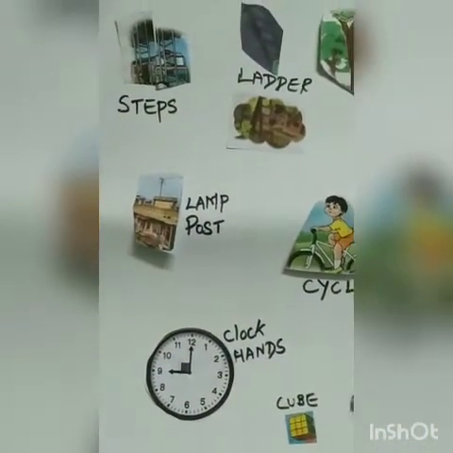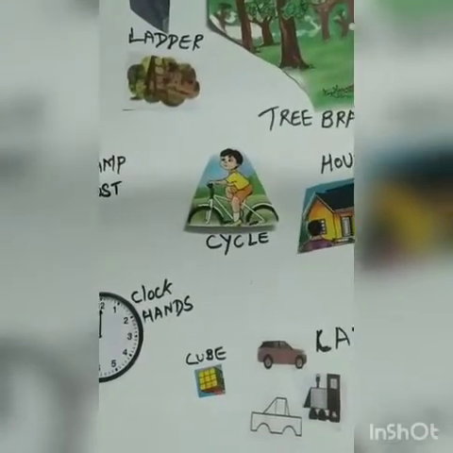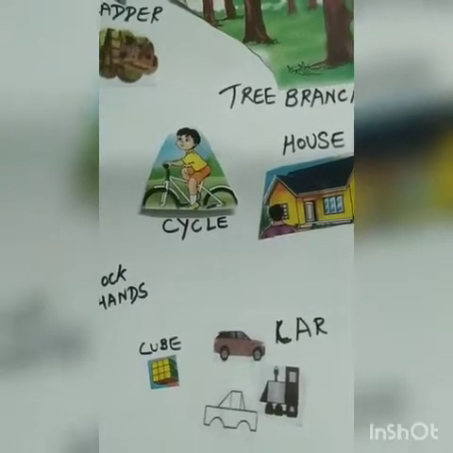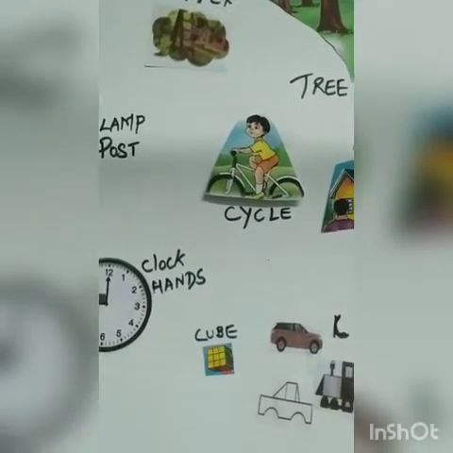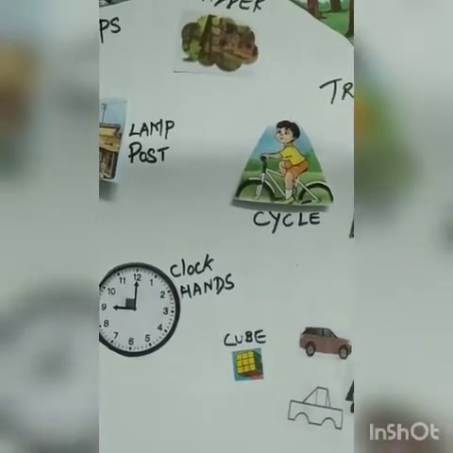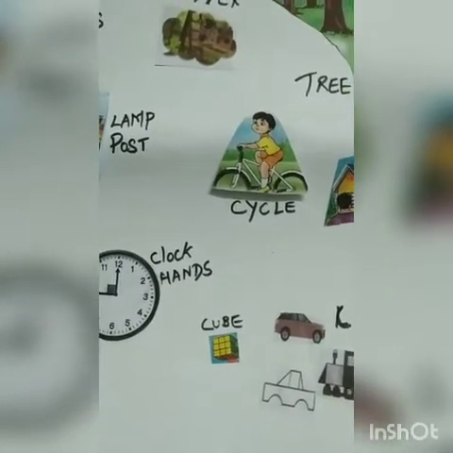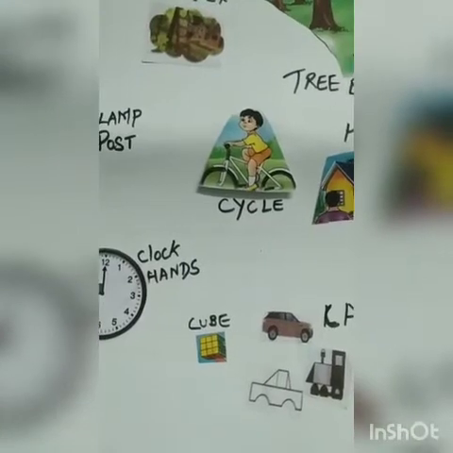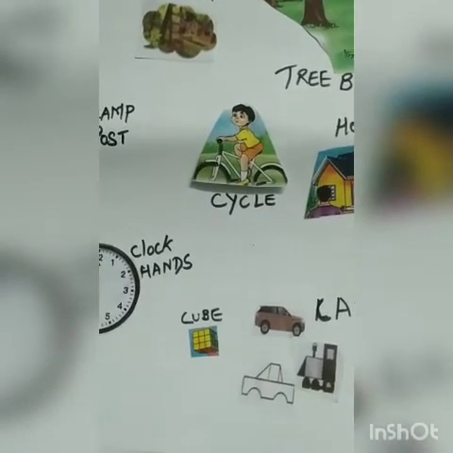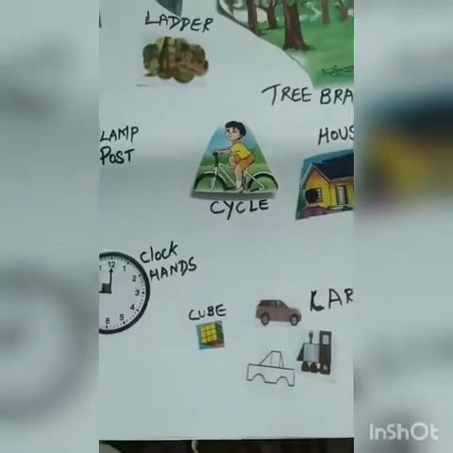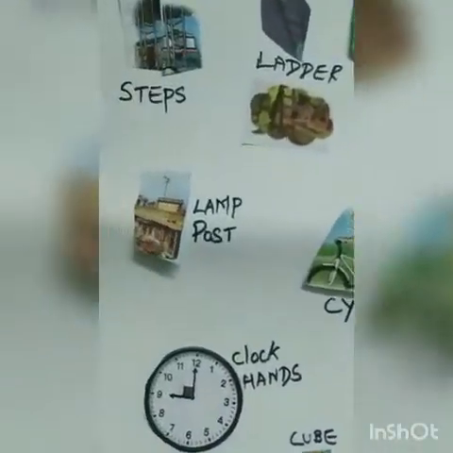The cycle has triangle shapes. Then in the house you have the triangle. In the clock you have the right angle. In the cubes they have the right angle. Here in the car there is a triangle and a rectangle. So I have given some of the shapes here. These are the angles in real shapes.